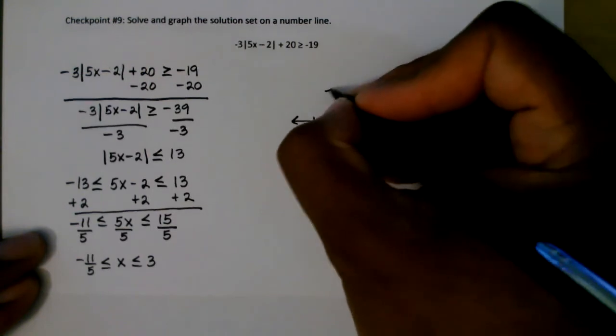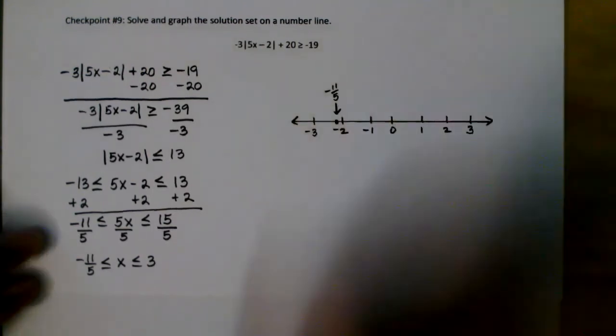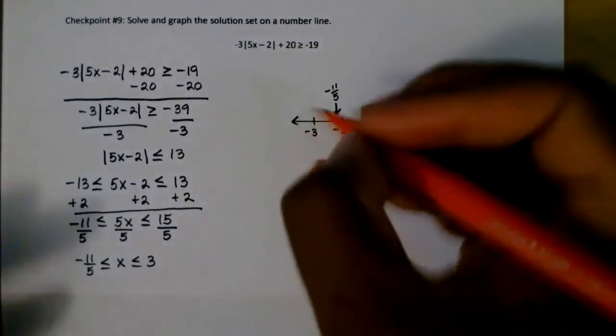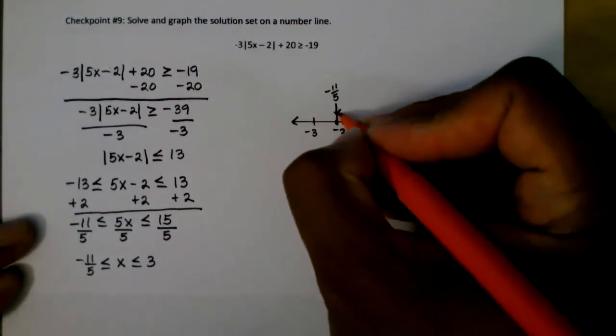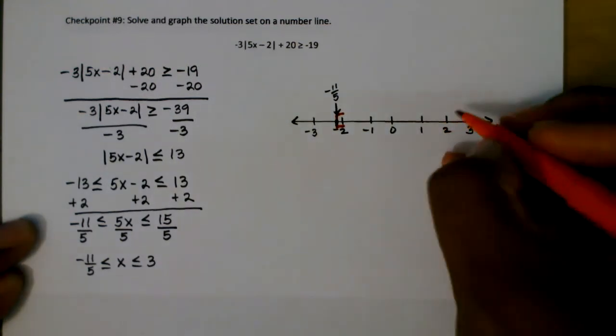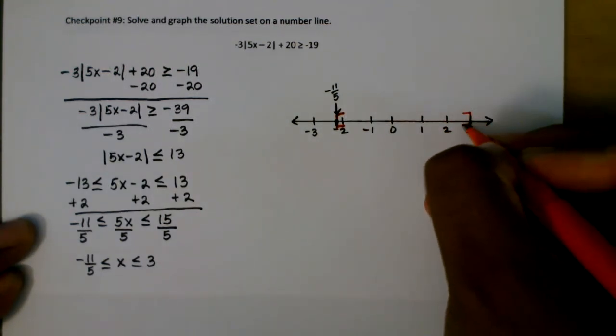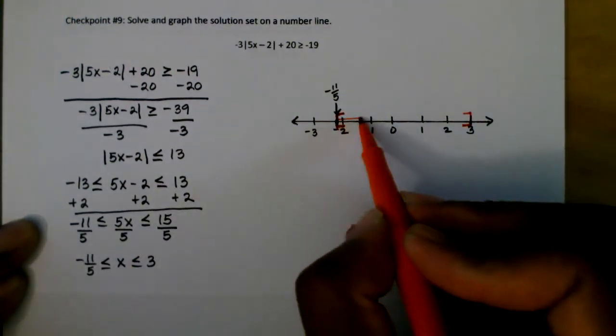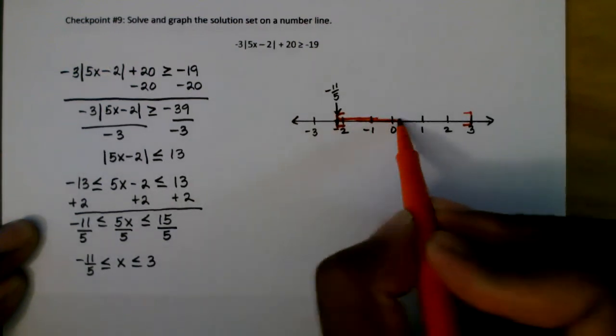So this right here is negative 11/5 here. And it is included because of the less than or equal to symbol. So I will put a bracket there at negative 11/5. And 3 is included as well, so I'll use a right bracket there at 3. And to indicate that x is in between negative 11/5 and 3, I'll shade in between.